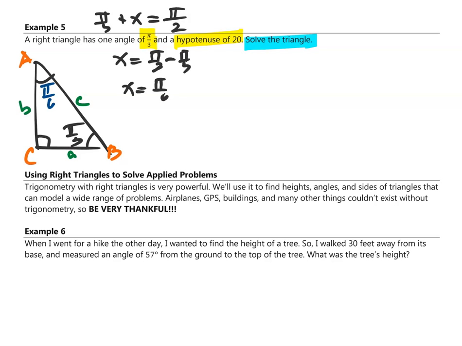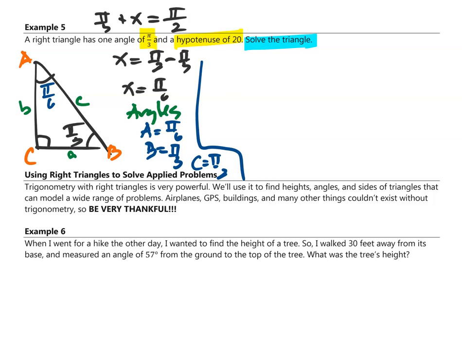So we have the angles: A is pi over 6. B is pi over 3. And C is 90 degrees, so that is pi over 2. Okay, so those are the angles, and then the sides.